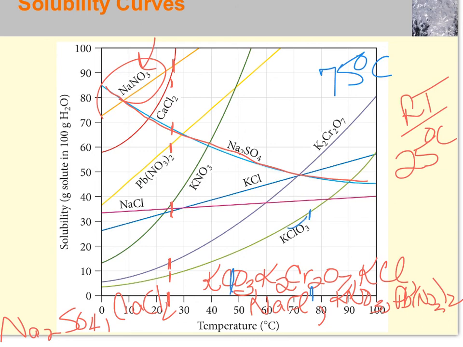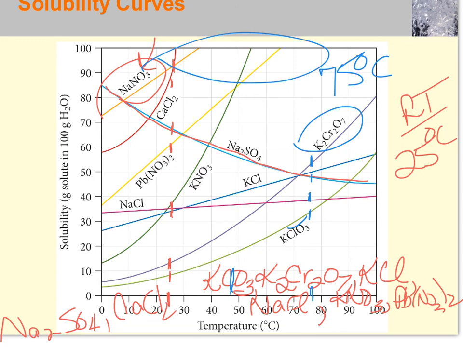The next one is sodium chloride. So notice that the order that I'm going to put them in is different, okay? And the solubility of these are so high at 75 degrees, they're off this chart. But I guess the point I'm trying to make here is the order of solubility will change with temperature, so don't assume it stays the same.